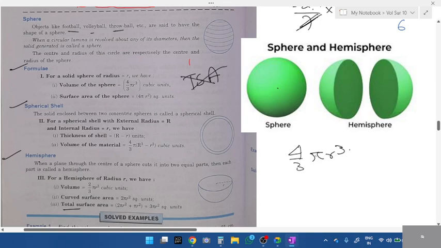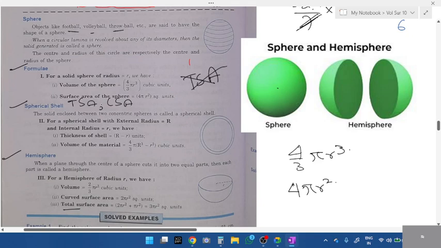Volume 4 by 3 pi r cube, surface area 4 pi r square. For an entire sphere, whether they say surface area, total surface area, or curved surface area, the meaning is the same. So don't get confused.